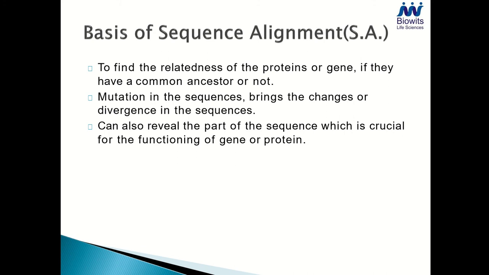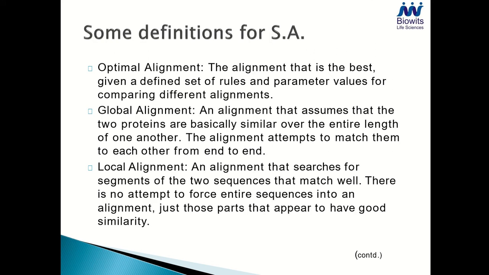So makikita natin dyan, using sequence alignment, number one, relatedness. Number two, to check if there is mutation. Number three, we can reveal the part of the sequence so that we can identify the functioning of the gene or protein. Now, we can also define sequence alignment.